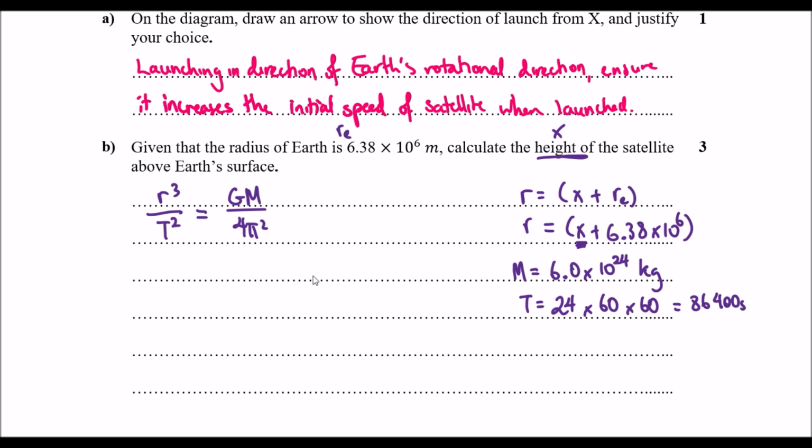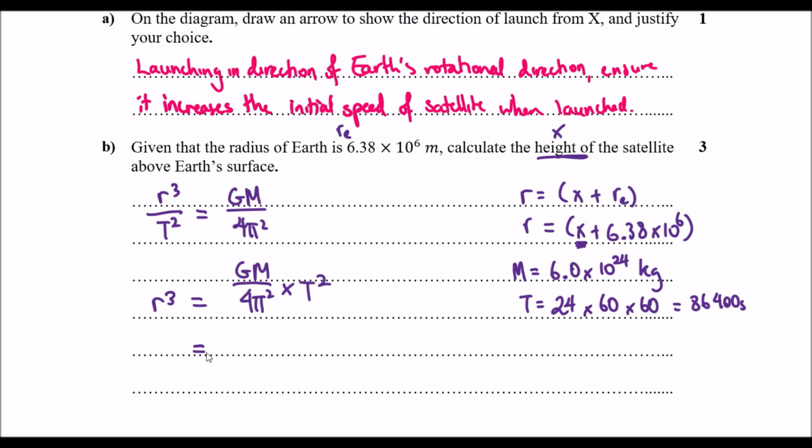Okay, so what we need to do next is to rearrange this equation to have r as the subject. So I'm going to write r cubed equals GM over 4 pi squared multiplied by T squared. I am then going to substitute the values in.